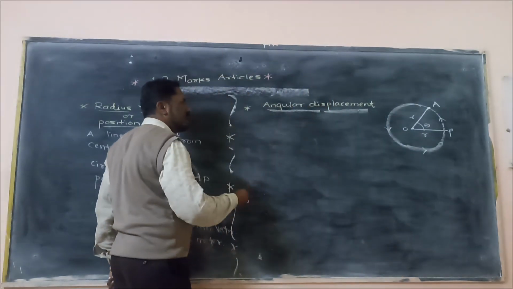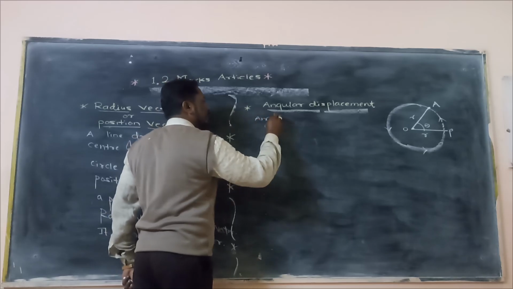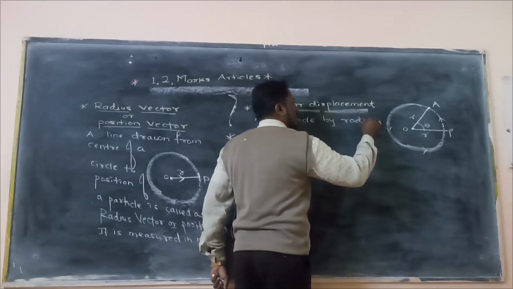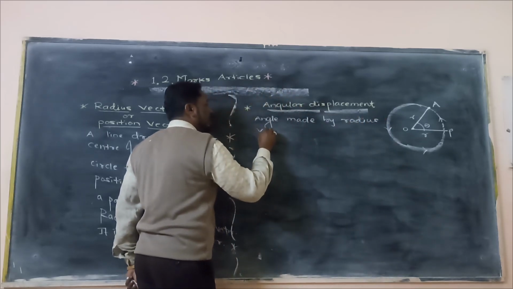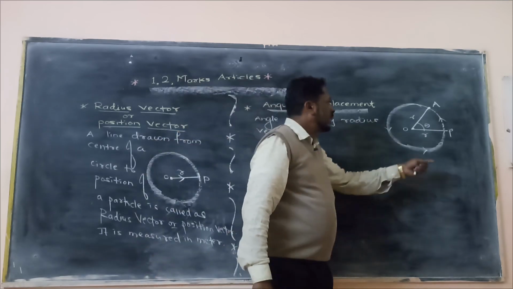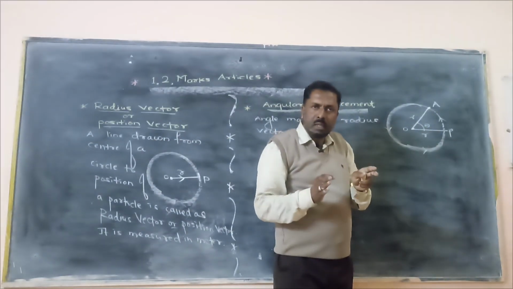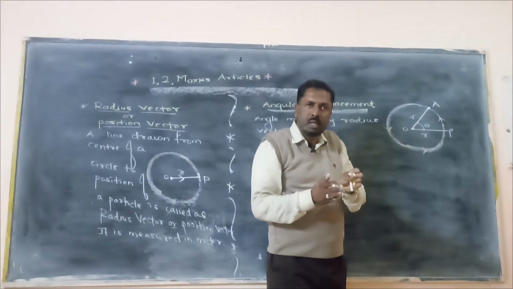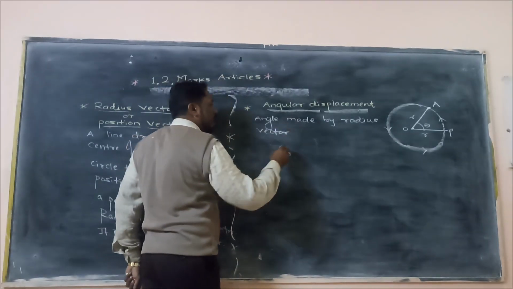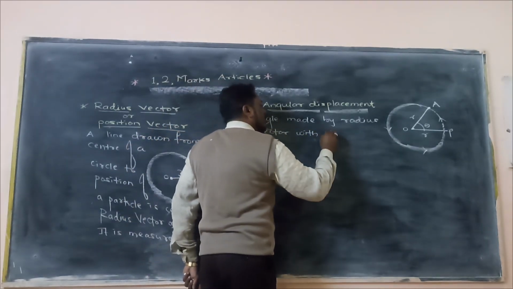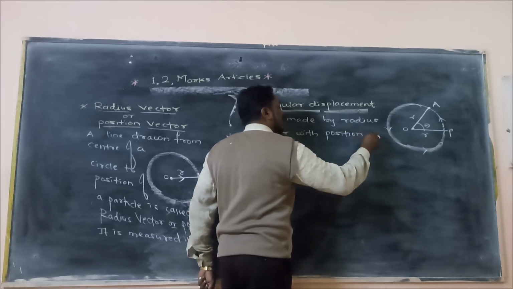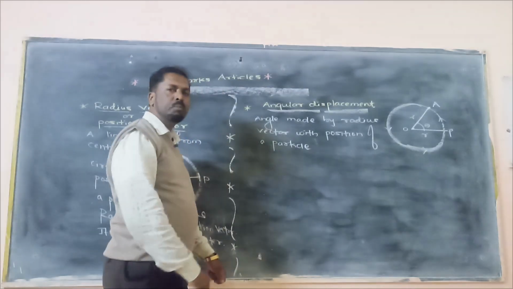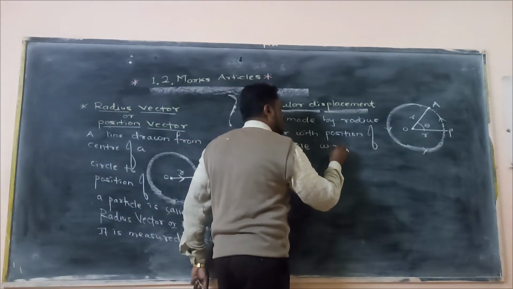So we can say that angular displacement is the angle made by the radius vector. Who is making this angle theta? This angle is made by this radius vector. That's why it is said that the angle made by the radius vector with the position of a particle with respect to time.